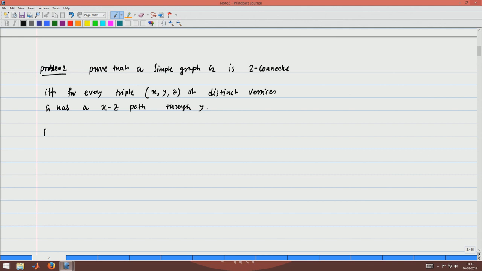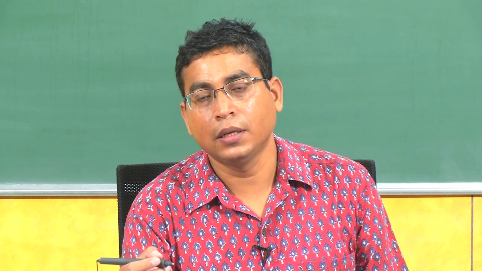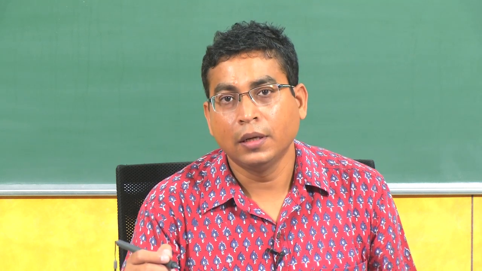Okay, so we know that a graph is two connected if and only if between every pair of vertices there are internally disjoint paths. But this is a different characterization.